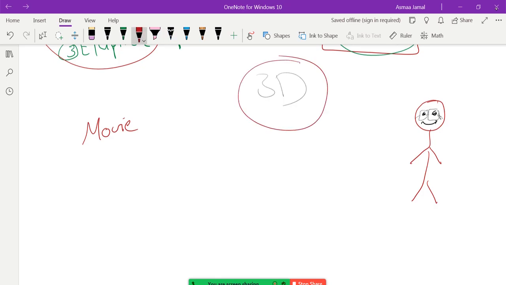How? Let's say we have a tree. There is your head, but from above, that's the first eye, and that's the second eye. That's the nose. And that's your ear.